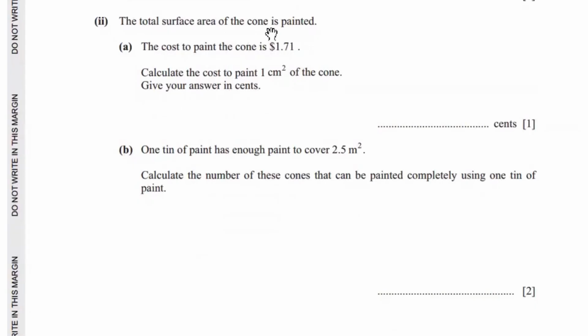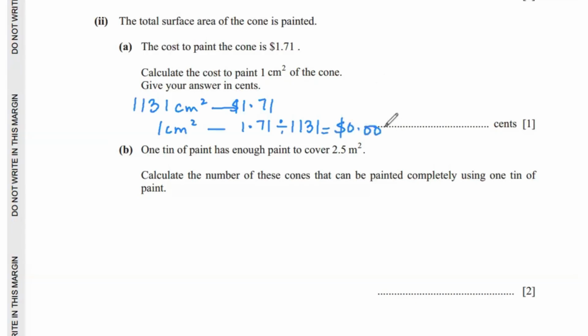Then it says the total surface area of the cone is painted. The cost to paint the cone is $1.71. Calculate the cost to paint 1 centimeter squared of the cone. So to paint 1131 centimeter squares, it's going to cost $1.71. So for 1 centimeter squared, we divide 1.71 by 1131, which gives us 0.00151.